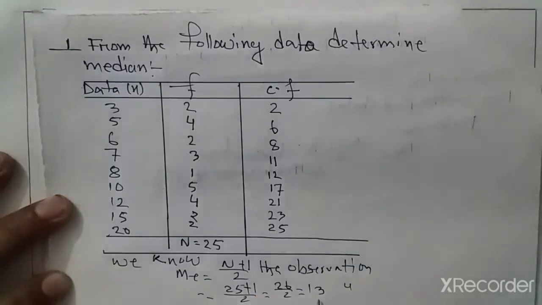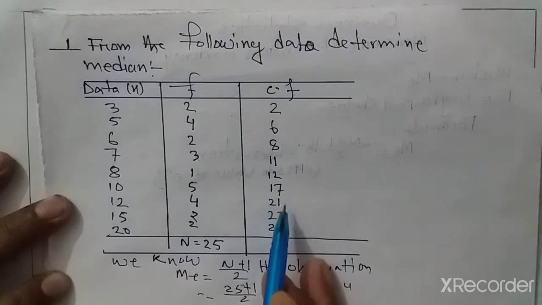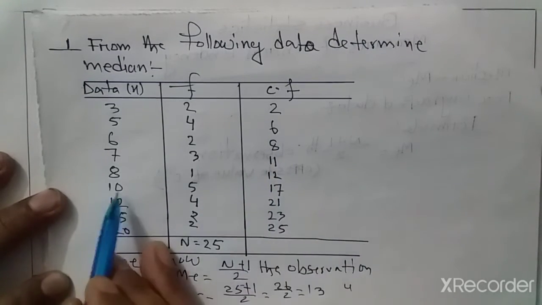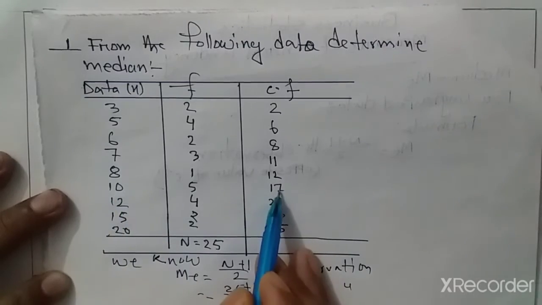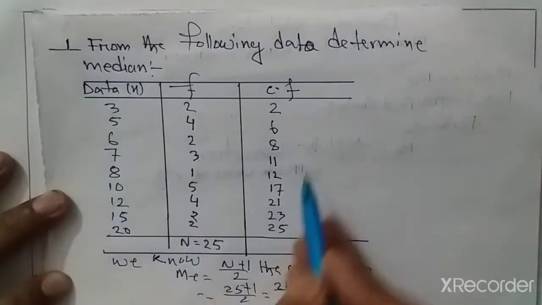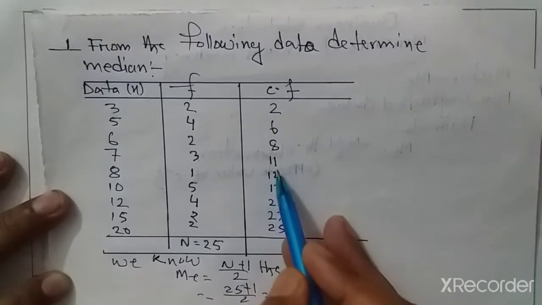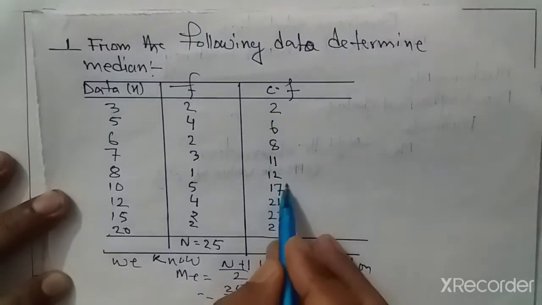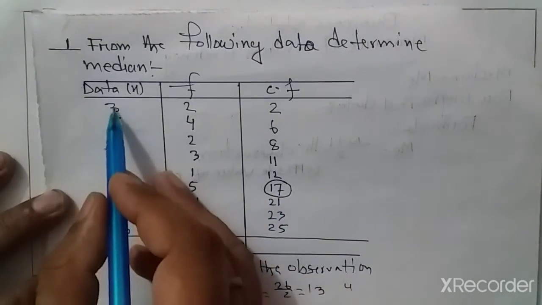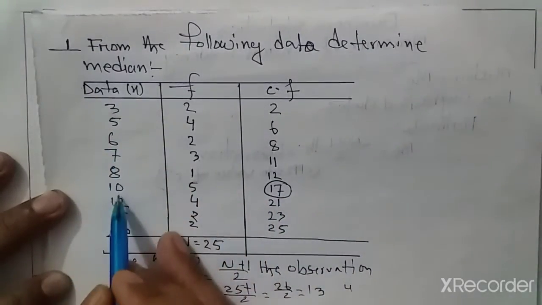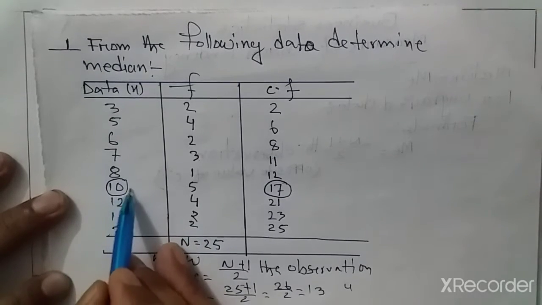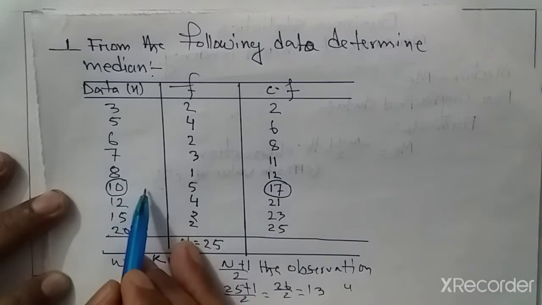At first the value 13 matches the CF value 17, and the opposite value of CF is the data value, that means 1, 2, 3, 4, 5, 6. We indicate the circle 1, 2, 3, 4, 5, 6. The opposite value of CF is equal to the median.